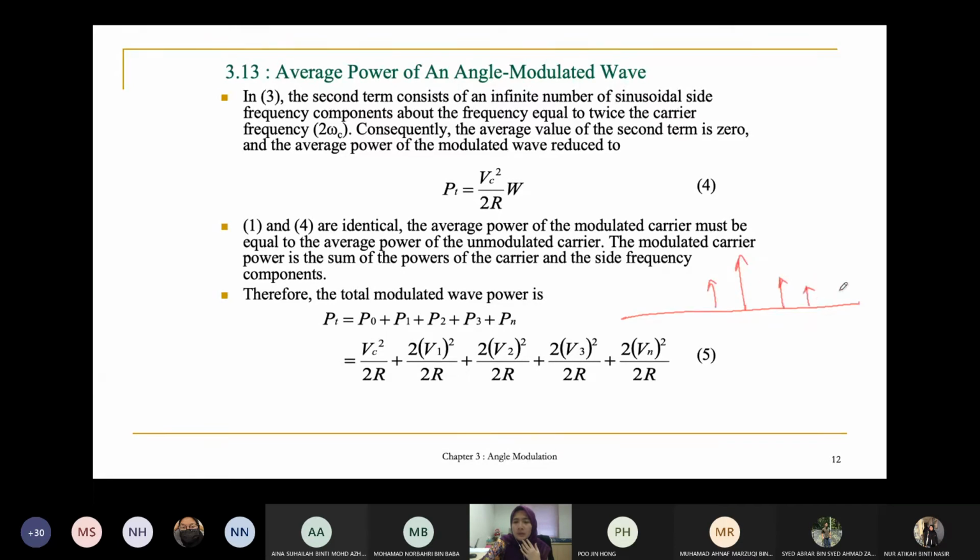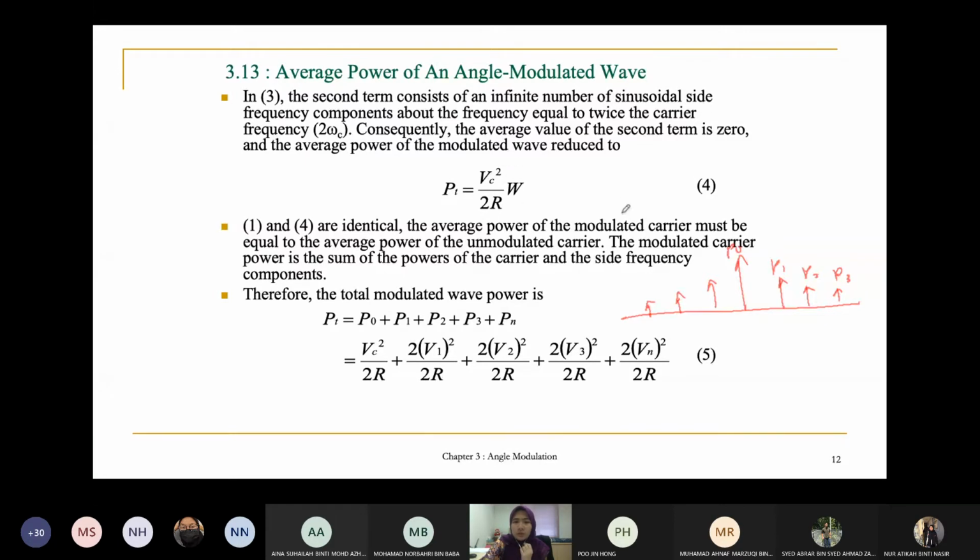The number of side frequencies can reach up to infinity, depending on your modulation index or modulation coefficient. Over here you have P0, P1, P2, P3, for example. To calculate P total, you must use the formula.